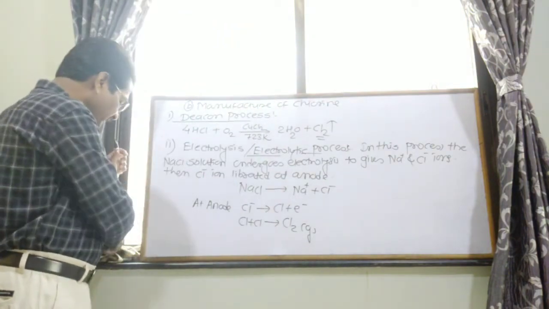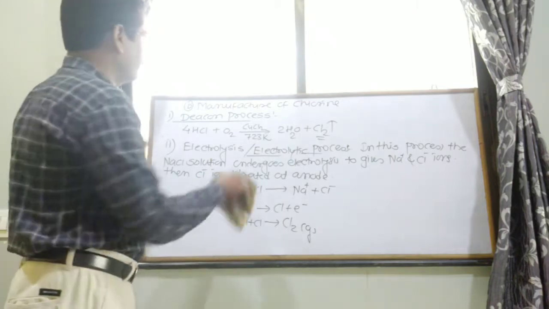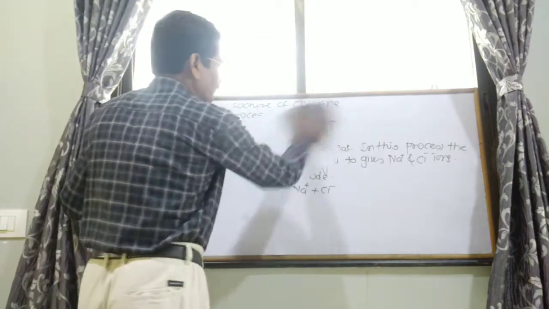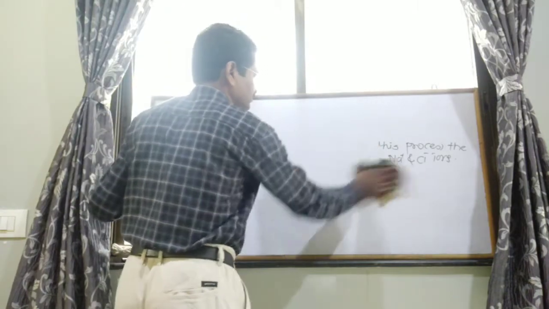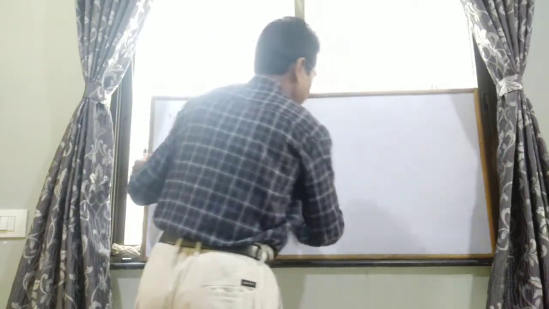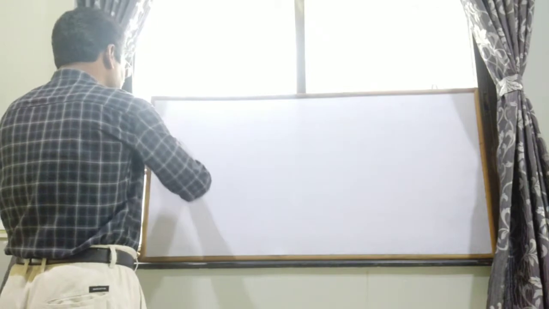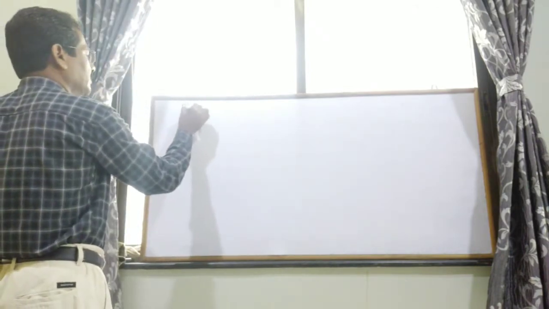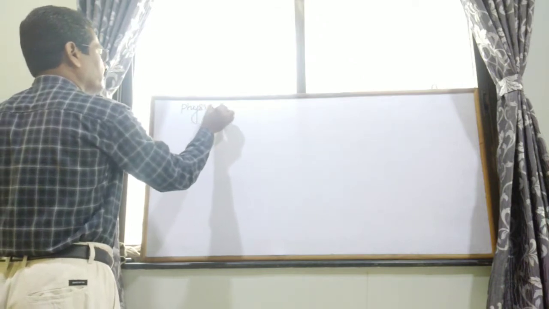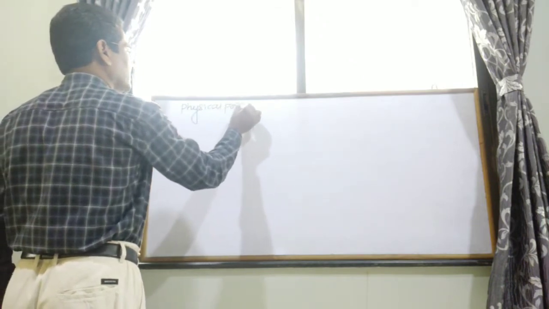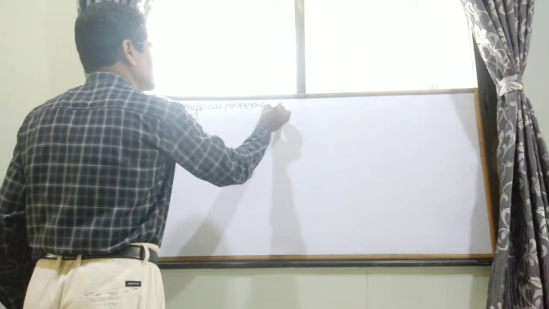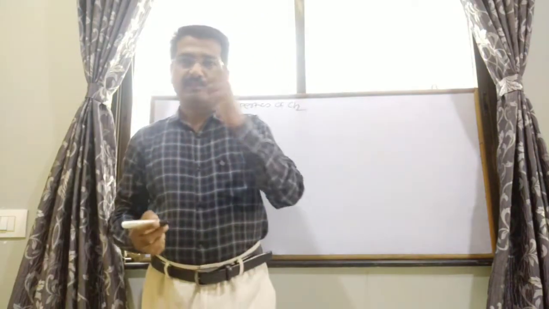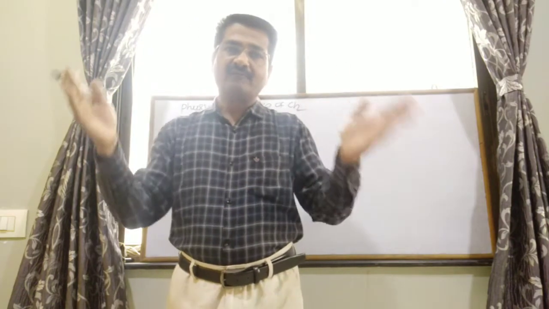So these are the preparation methods of chlorine. Then see the physical properties of Cl2, chlorine, depending upon its external features.